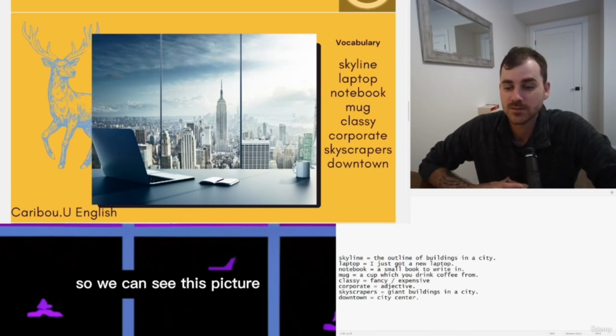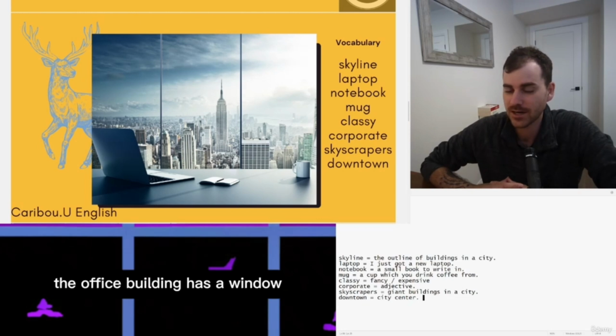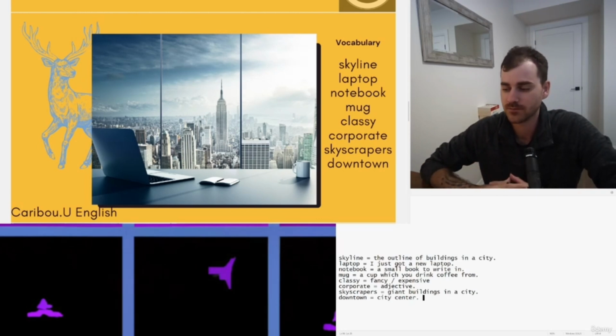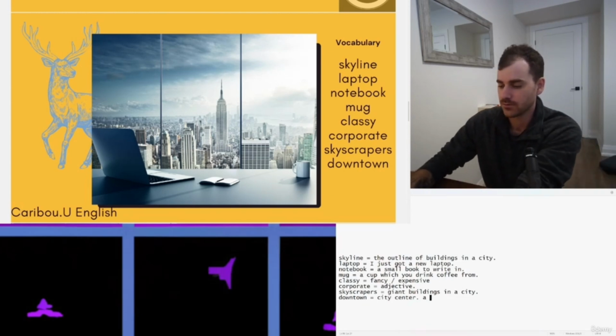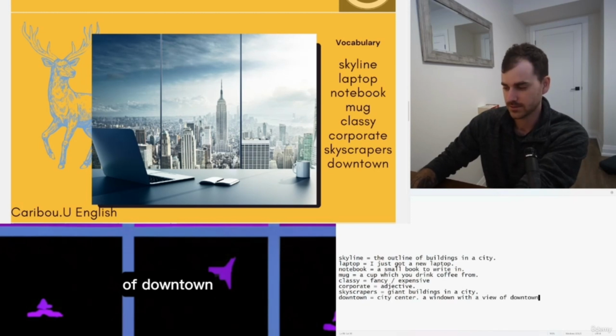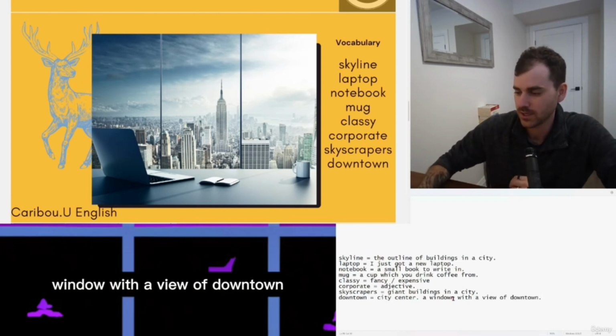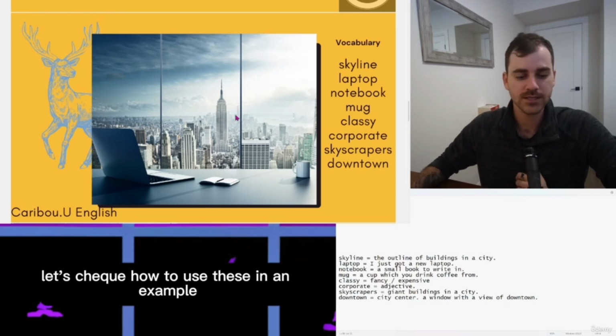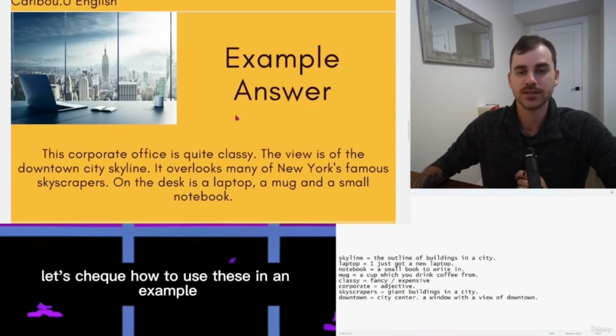So we can see this picture. The office building has a window with a view of downtown. A window with a view of downtown. Window with a view of downtown. Let's check how to use these in an example.